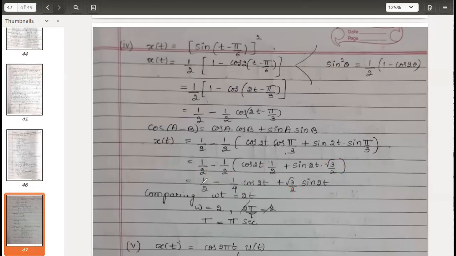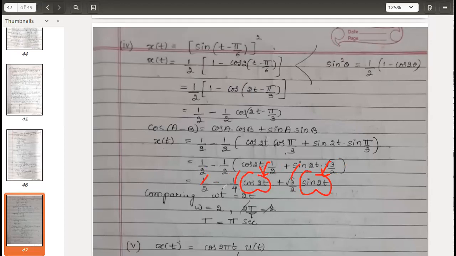If you observe, we have 1 by 2 here. We have cos of 2t and sine 2t, and these amplitudes are different. We are not bothered about the amplitudes. Let us see the angle. It is the same for both sine and cos, so only one period we have to calculate, either for sine or cos. Try to compare with either cos omega t or sine omega t.